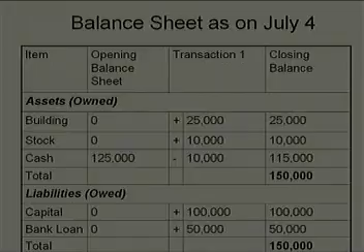But still the total assets possessed by the company is 150,000 and total liability remains unaffected. It is still at 150,000. So this is the position of the balance sheet as on July 4 as far as Messrs ABC Trading Company is concerned. Now we will have one more transaction. Let's see what it is.